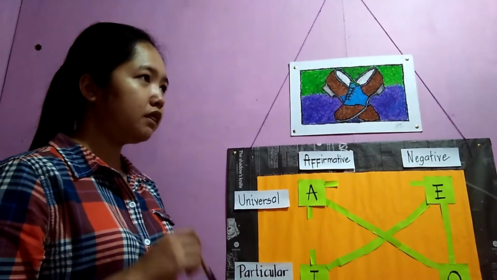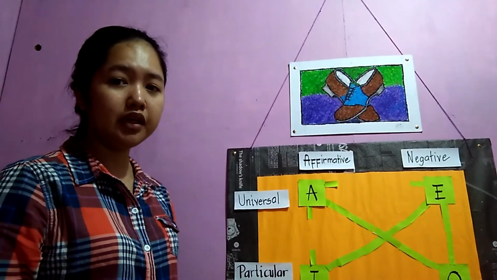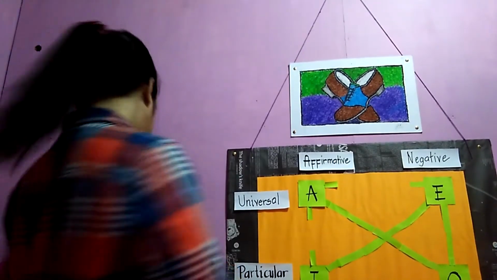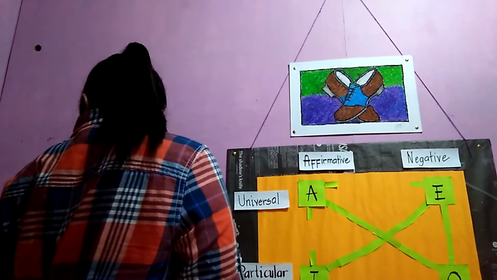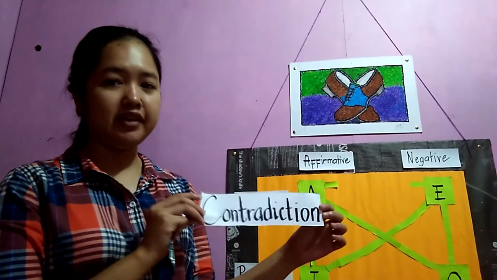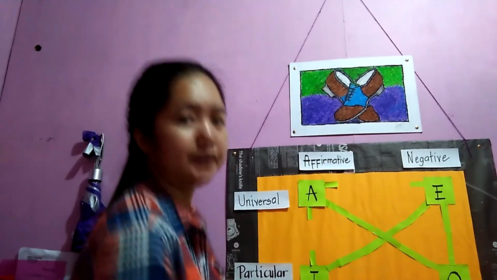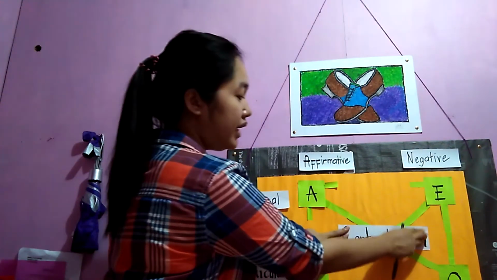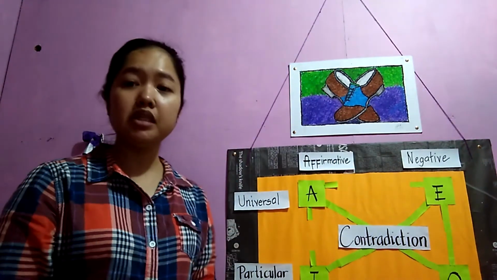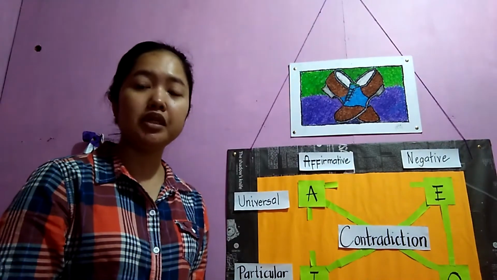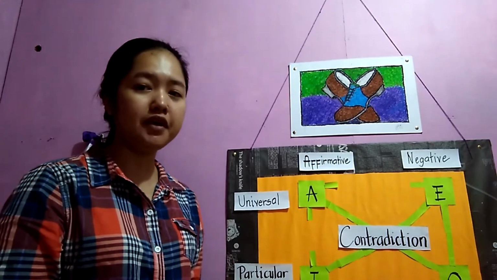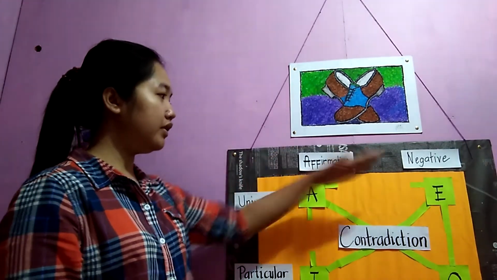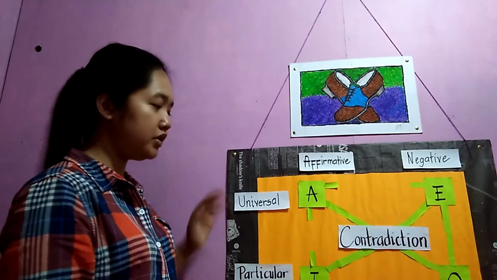Like I told you earlier, the first type of opposition that we have is the contradictory, or contradiction, rather. Contradiction is a relationship wherein the propositions have the same subject and predicate, but they differ in both the quality, if it's affirmative or negative, as well as the quantity, if it's universal or particular.